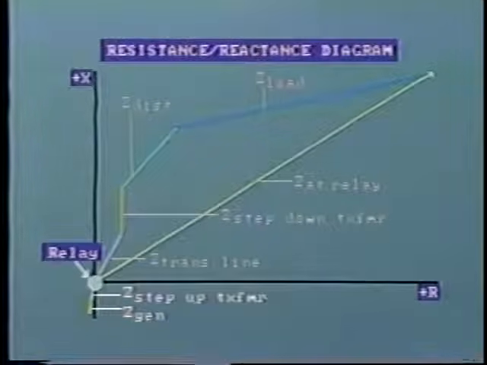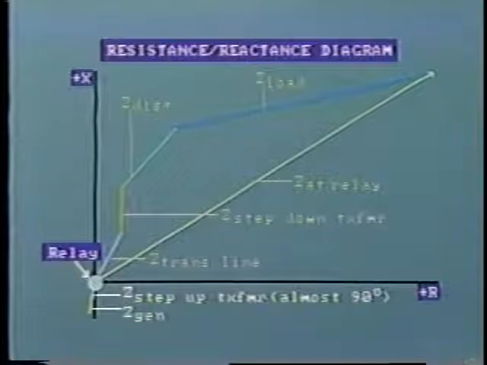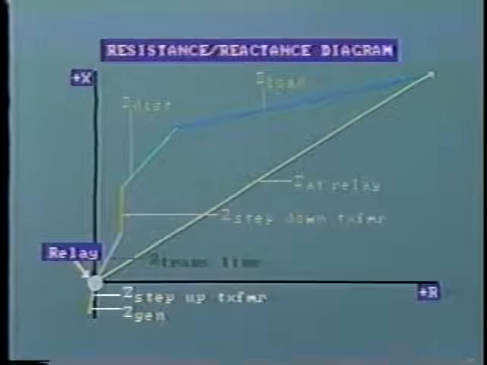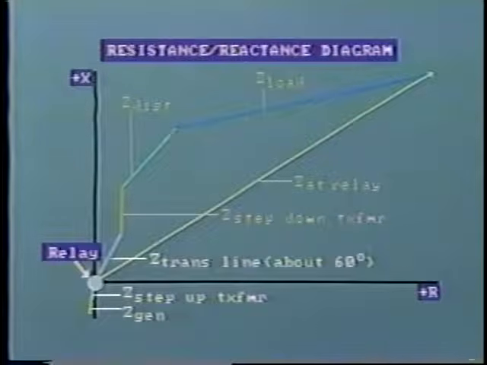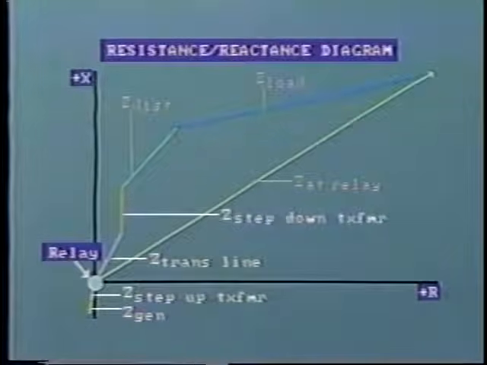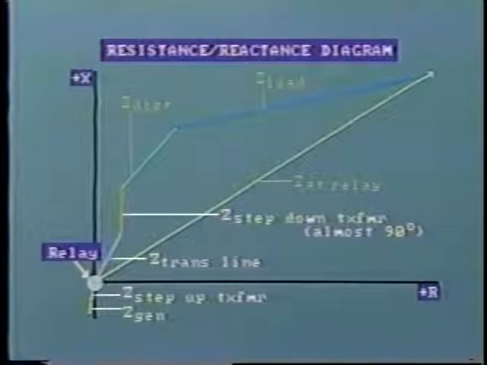Similarly, the step-up transformer impedance is composed almost entirely of reactance and is therefore close to 90 degrees. The impedance of the transmission line is plotted here at about 60 degrees. The impedance of the step-down transformer is shown at almost 90 degrees.